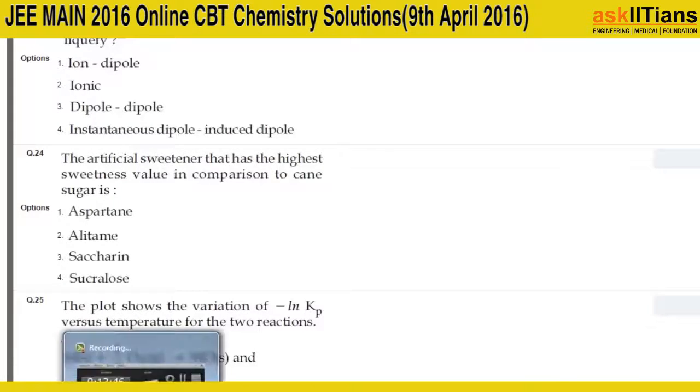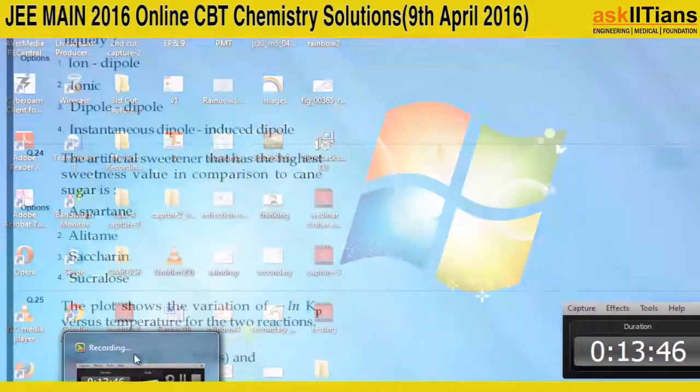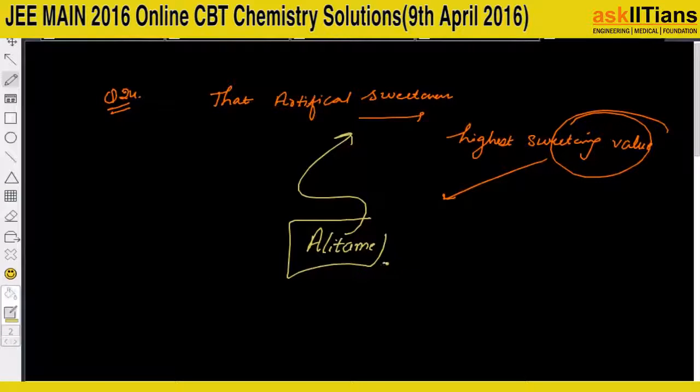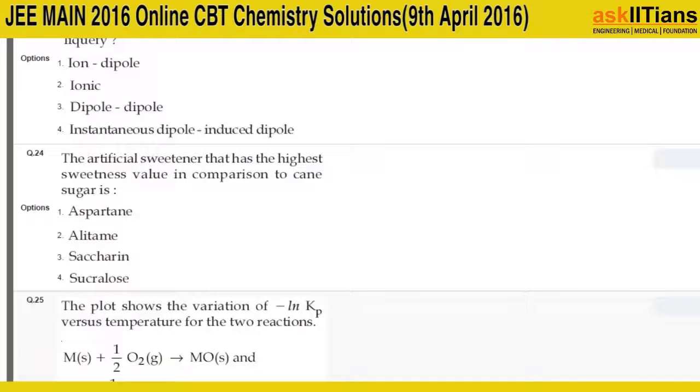Moreover, this is one of the most important properties, and also one of the drawbacks of aspartame, that it has such a high sweetening value that it can be responsible for diabetes in many patients, which cannot be controlled. So I can say, if you look into the options, aspartame is given as option number 2, and hence you can say this is the correct option for this particular question again.